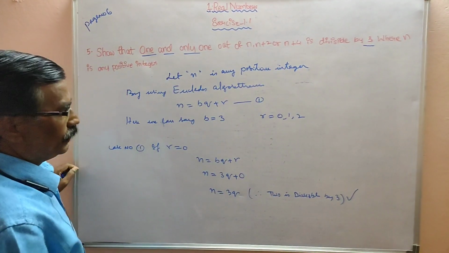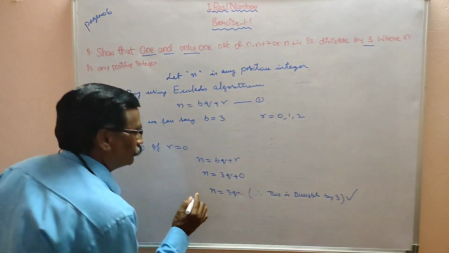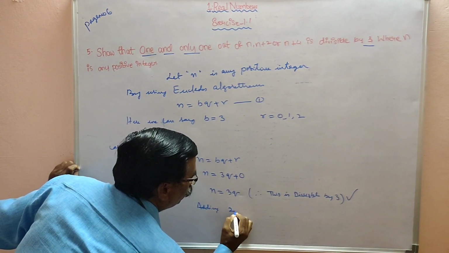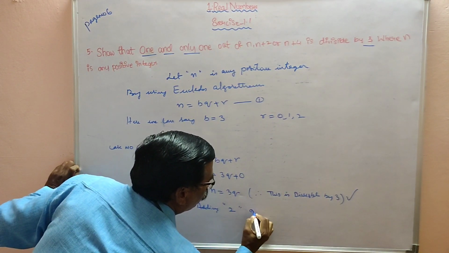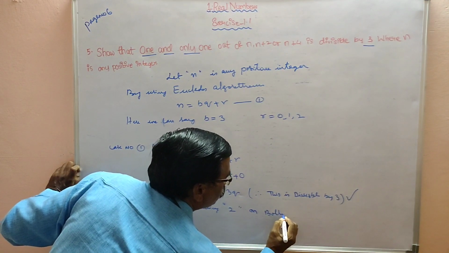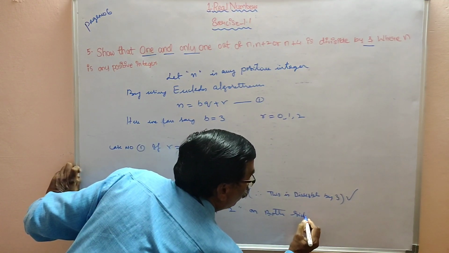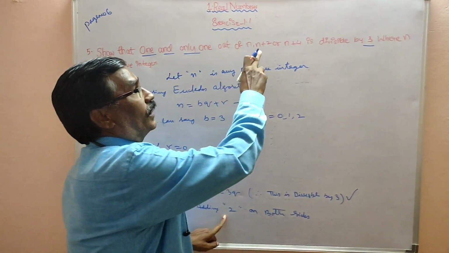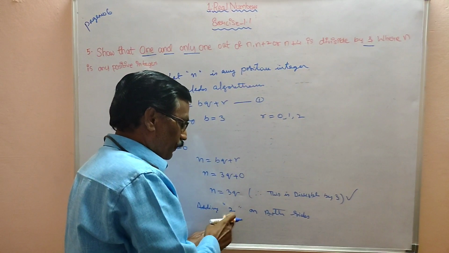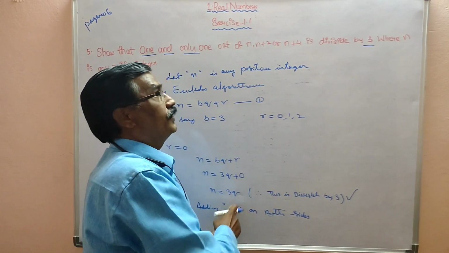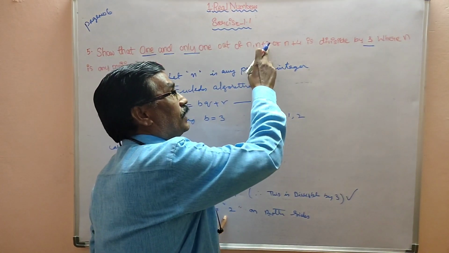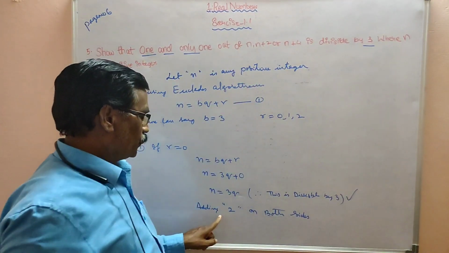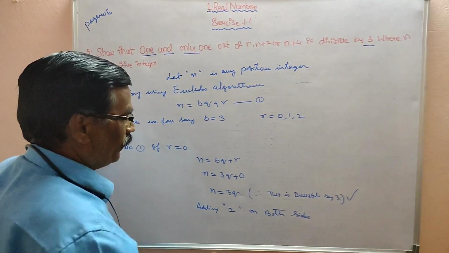So here, adding 2 on both sides. Why am I adding 2 on both sides? Because in the question n plus 2 is there. If the question had 3, I would add 3 on both sides. So the question has 2, so I am adding 2 on both sides.